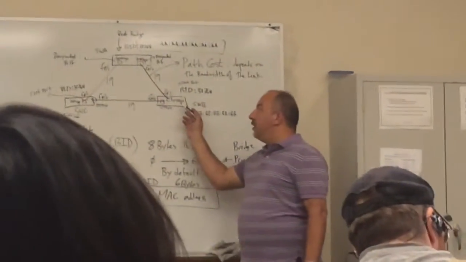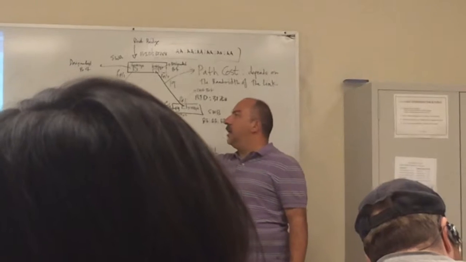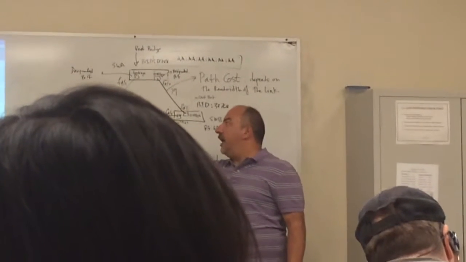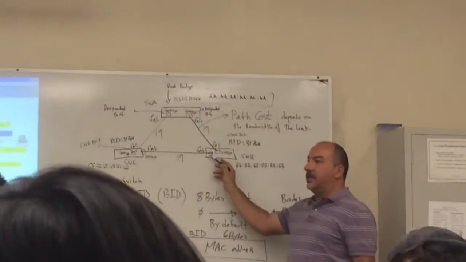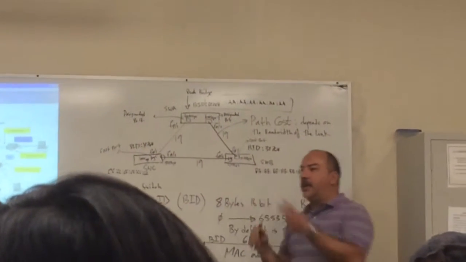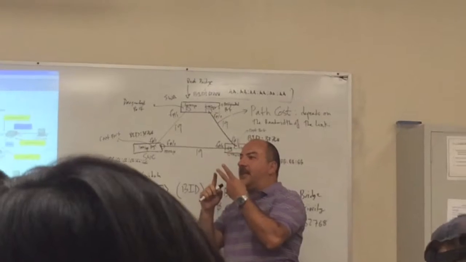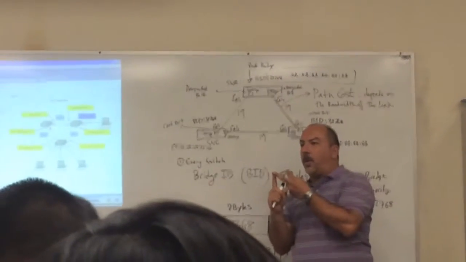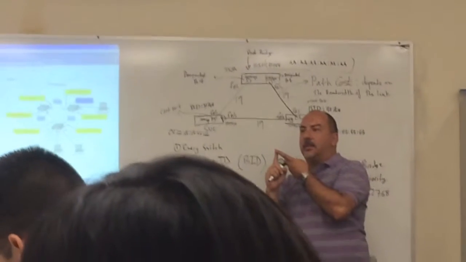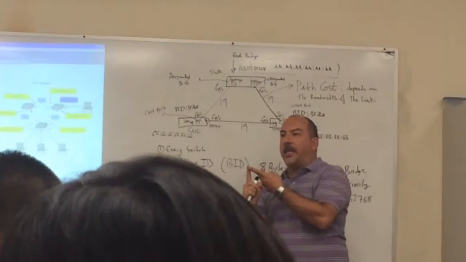In here, we elected a root port and a root port. So the other port, this one, F0/2, and F0/2 in here, can be of two things. It can either be designated port, or it can be a blocking port.